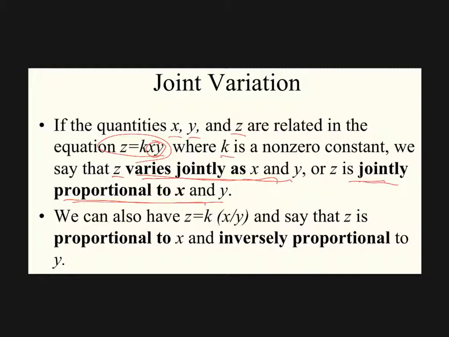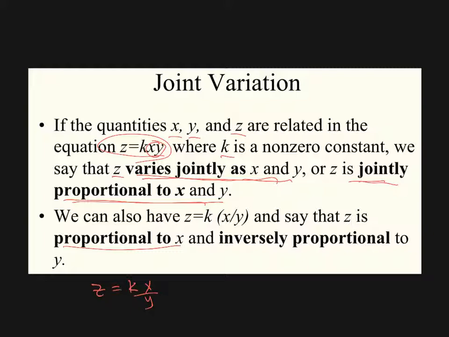Then we'd also have perhaps a different version, and I'm going to rewrite it down here: z is equal to k, and then I'm going to write x over y like that. This is where you have sort of a blend where z is proportional to x, or notice again we dropped off that directly because it's just assumed.